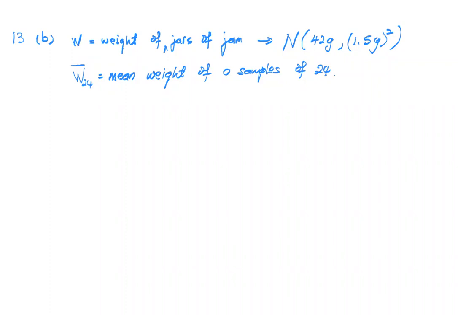So this particular variable, the mean weight of a sample of 24, will be normally distributed also.